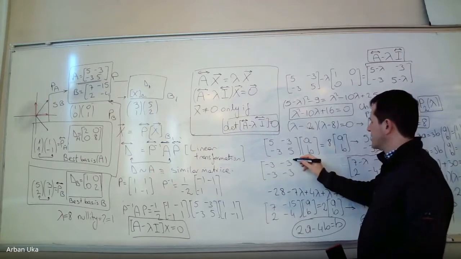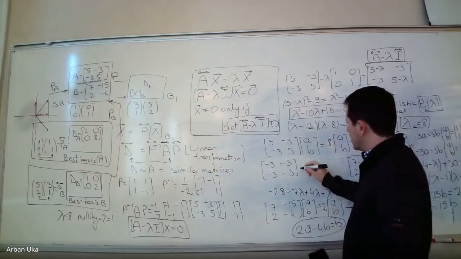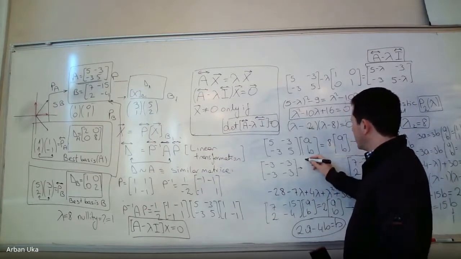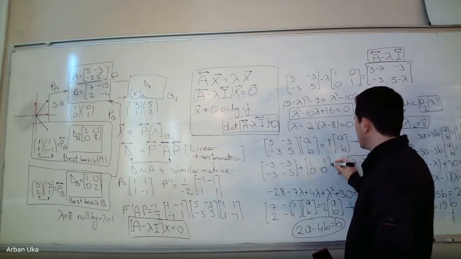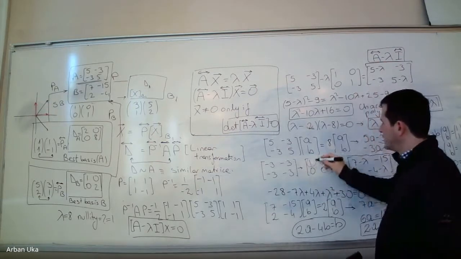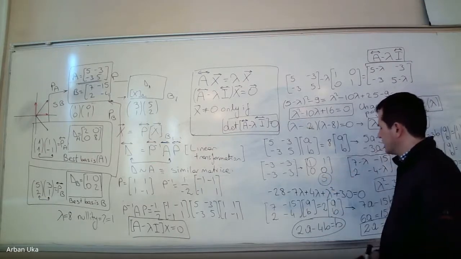The reduced row echelon form of this matrix is 1, 1, 0, 0. Here we have one leading one, and one free variable, which we consider to be S.